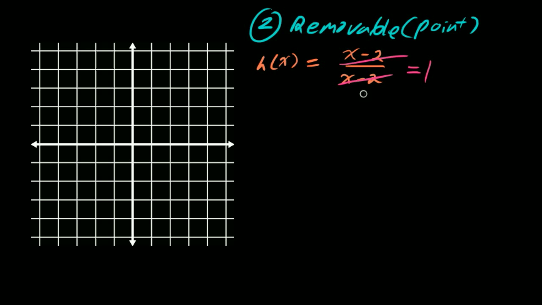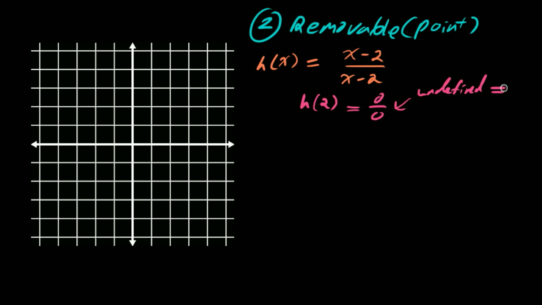But the problem with canceling that out and just saying that this is equal to 1 is that if we took h of 2 and threw the 2 into this function, we're going to get 0 over 0, and this is undefined, which, importantly, is not equal to 1. So at the point 2, we can't say that this function is going to be equal to 1.